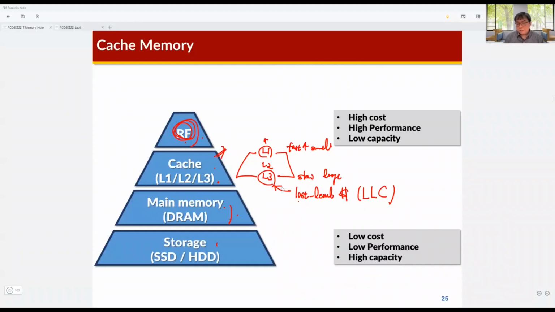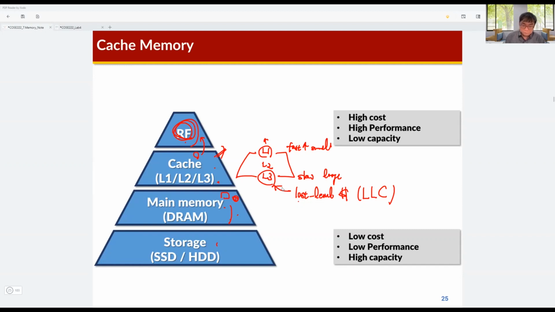That means if data is found in cache, then this data can be transferred to the processor very quickly. But main memory is very slow compared to the processor speed. So if the data is found only in the main memory, then the performance of the processor will be very slow.